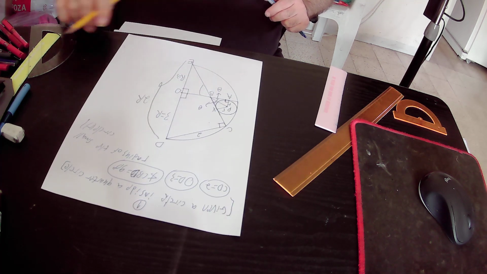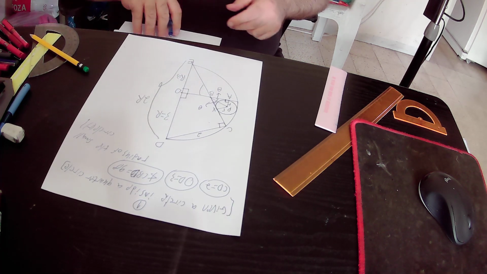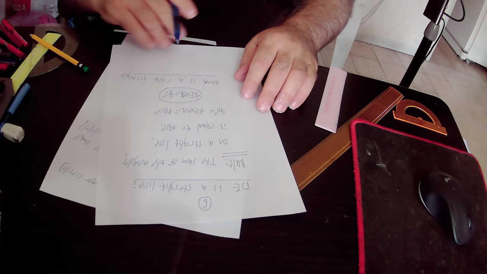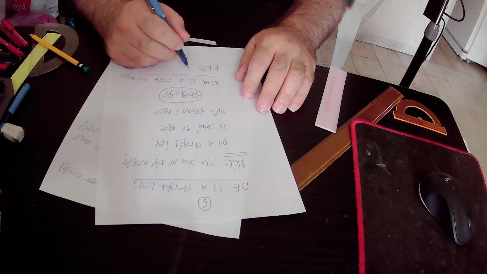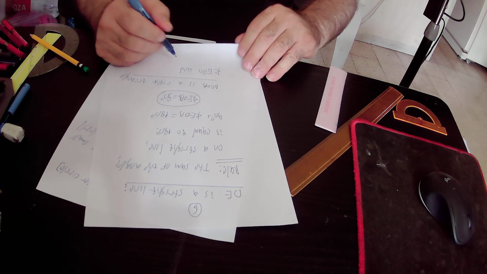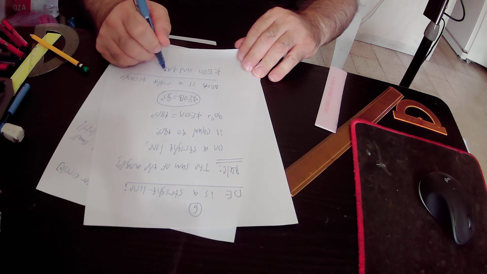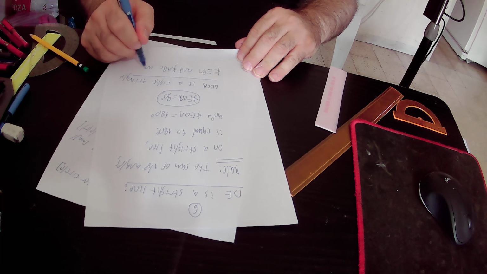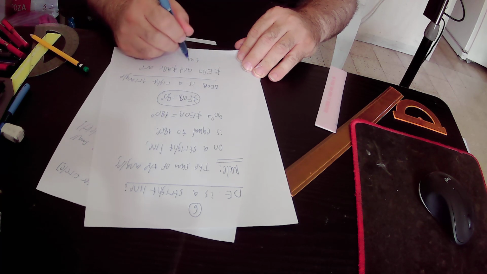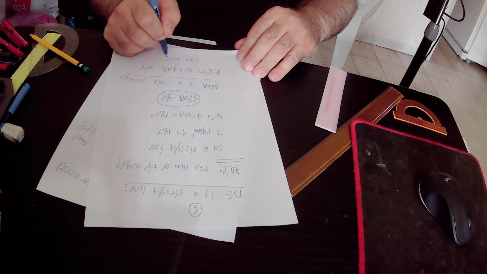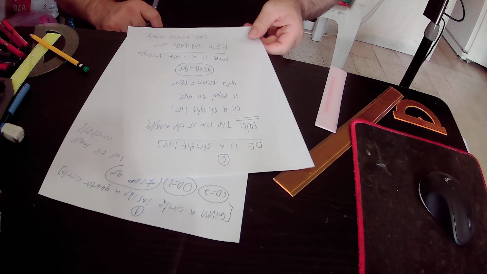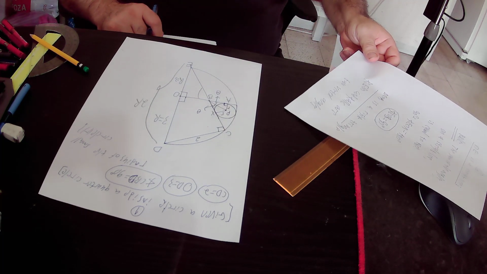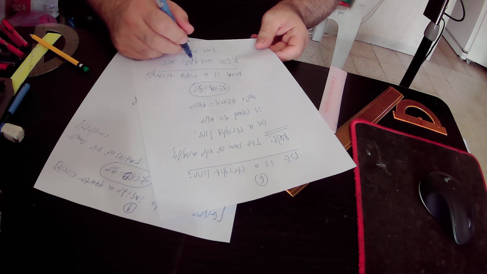So angles EBO and ABC are two vertex angles.